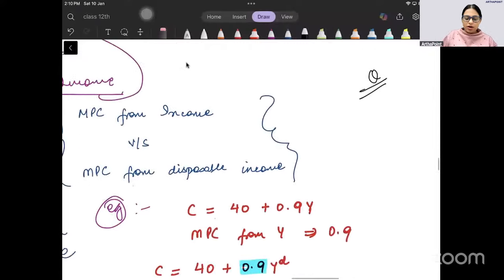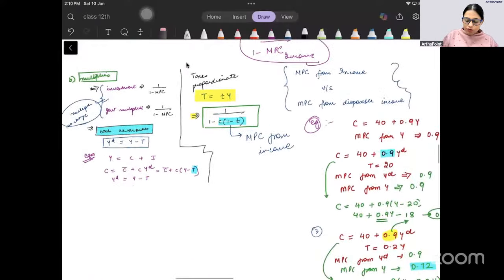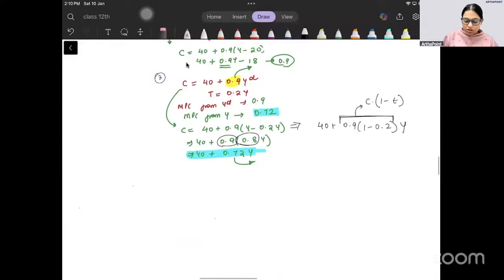Last part. I am just saying that if you notice, when we found the marginal propensity to consume out of income, we got 0.72. This 0.72 is nothing but 0.9 into 1 minus 0.2. So this 0.72 is c into 1 minus t.